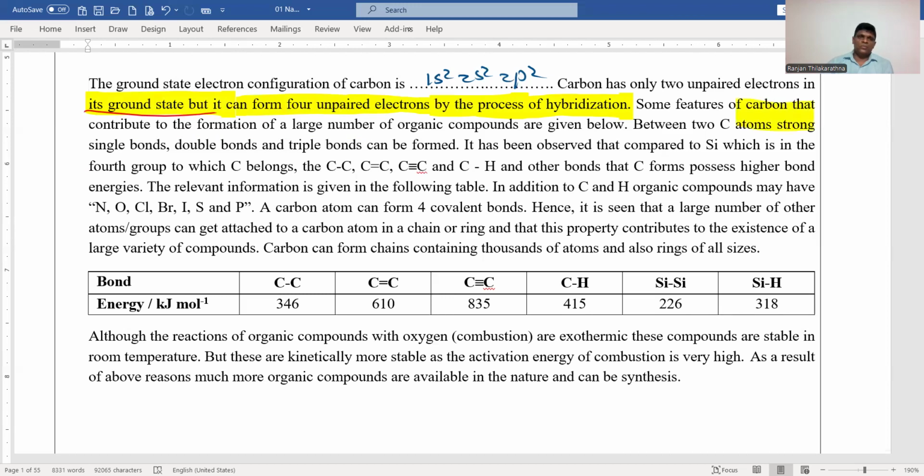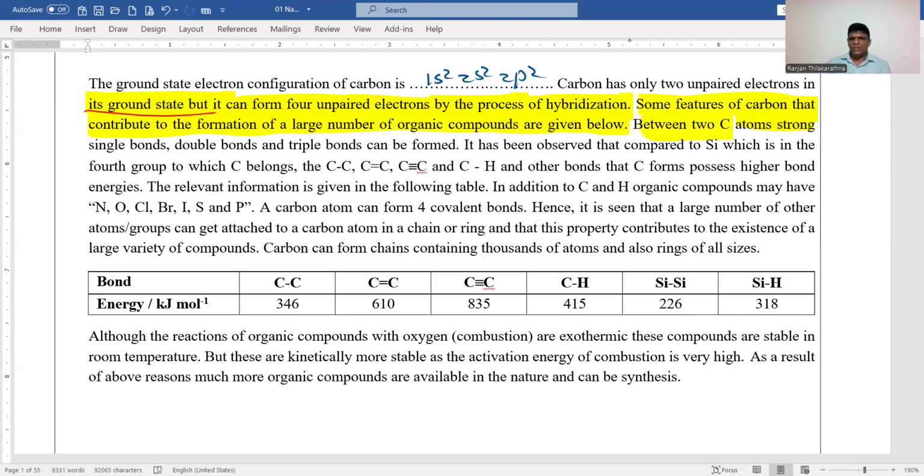If something forms more compounds, it means the bonds are stable and the compound must be stable, otherwise it will not form. That means the compounds formed by carbon are very stable, that's why they form.